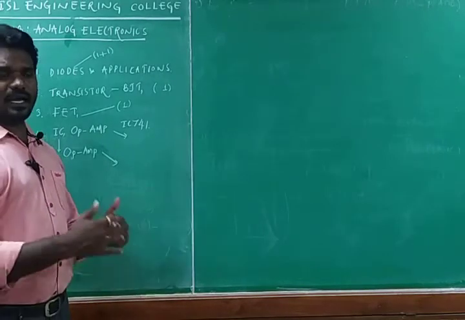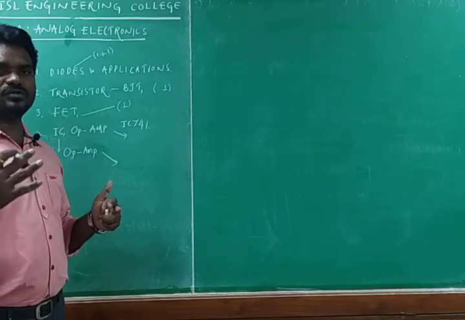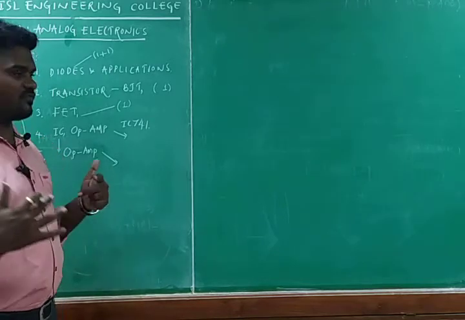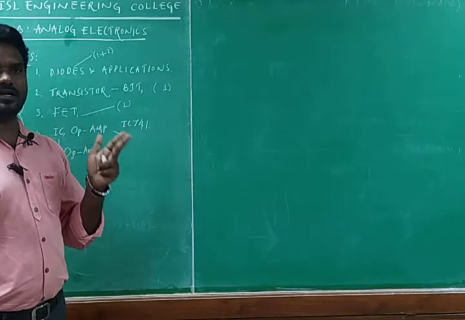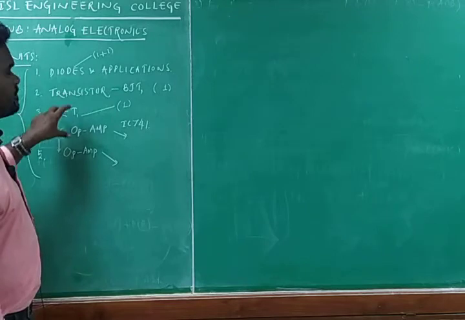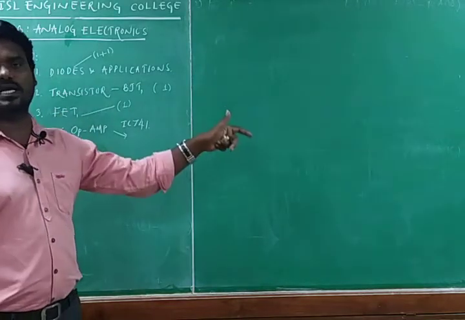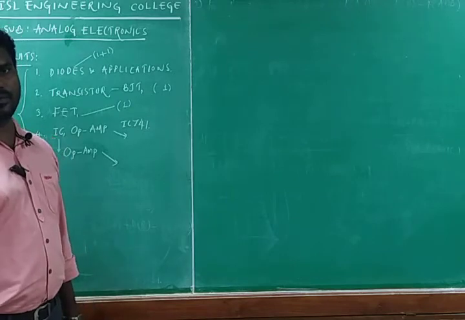If you are good at the analog electronics subject, then whatever subjects you are going to study in the 4 years of your branch, that is electrical and electronics, the electronic subjects will be very easy, because this subject will give all the roots to study the remaining electronic subjects. This is a very important point.